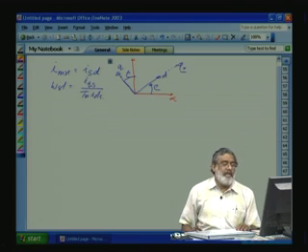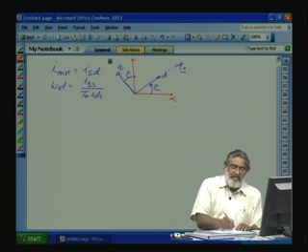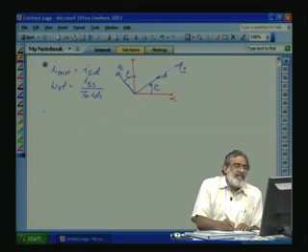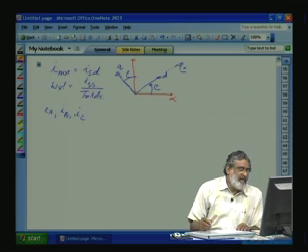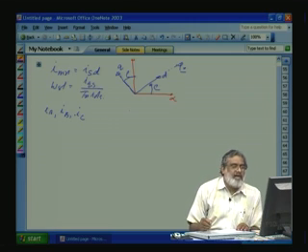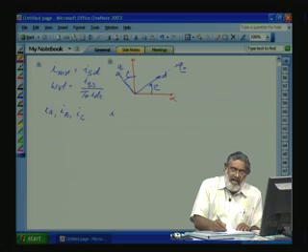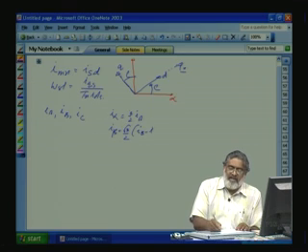Now, if you know the ABC components, we can find out the alpha beta components. We will be measuring IA, IB, IC. From IA, IB, IC, what are the alpha beta components? We know that I alpha is equal to 3 by 2 IA, I beta is equal to root 3 by 2 into IB minus IC.